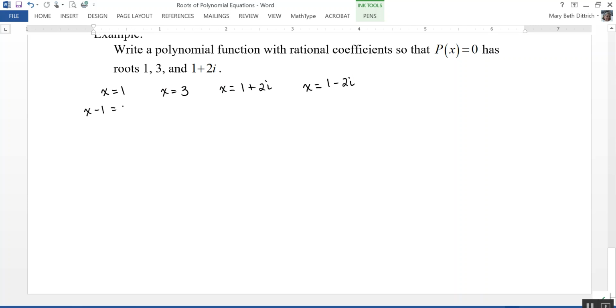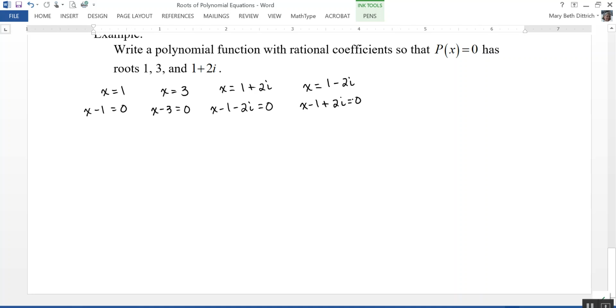So x minus 1, x minus 3, and x minus 1 minus 2i, and x minus 1 plus 2i.